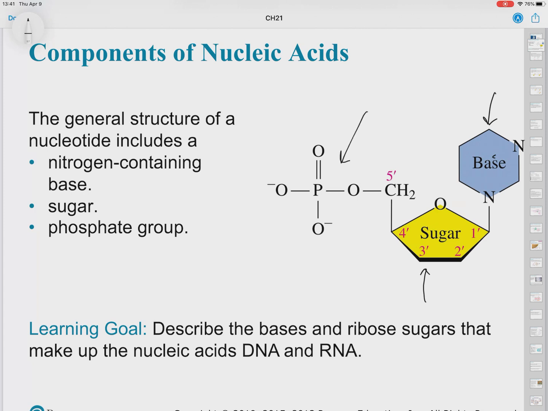This is a pentose sugar, and a phosphate group. So all 3 of these things together is a nucleotide. Now, a nucleoside is just these 2 things. And sometimes you'll hear that term before nucleotides get made. Of course, nucleotides have to come from nucleosides.